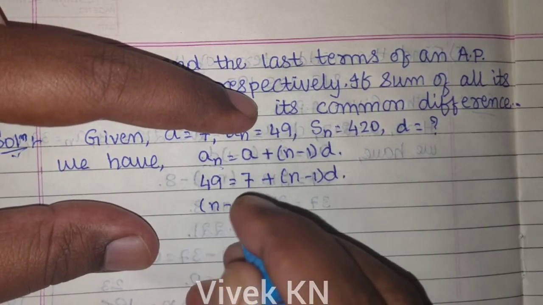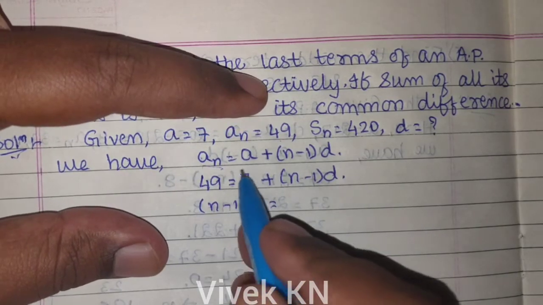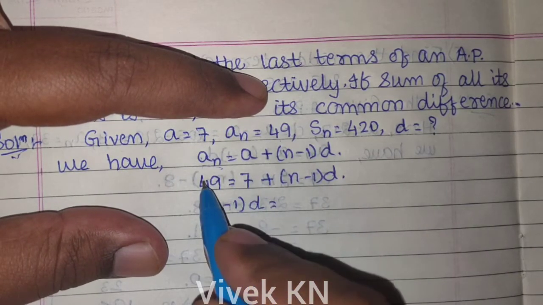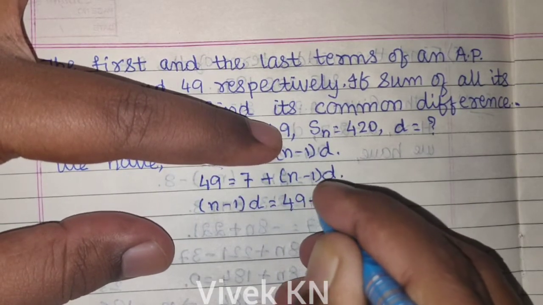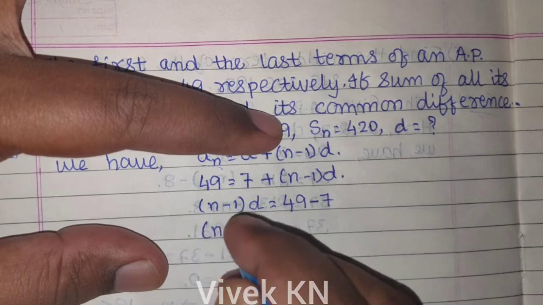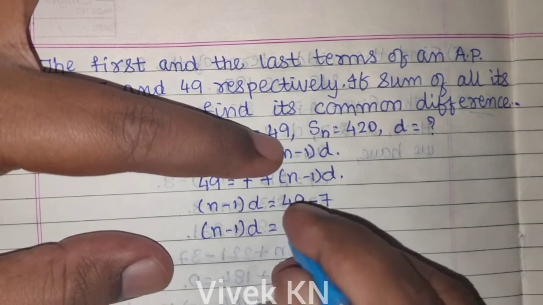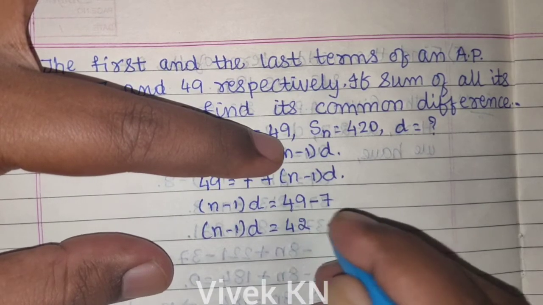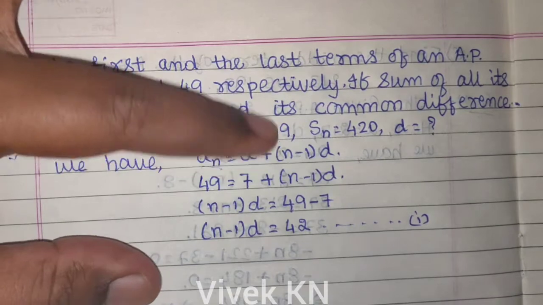Now n minus 1 into d is equal to, let us shift this plus 7 to the LHS. It becomes minus 7, that is 49 minus 7. That is nothing but n minus 1 into d is equal to 49 minus 7 is 42. This is equation number 1.